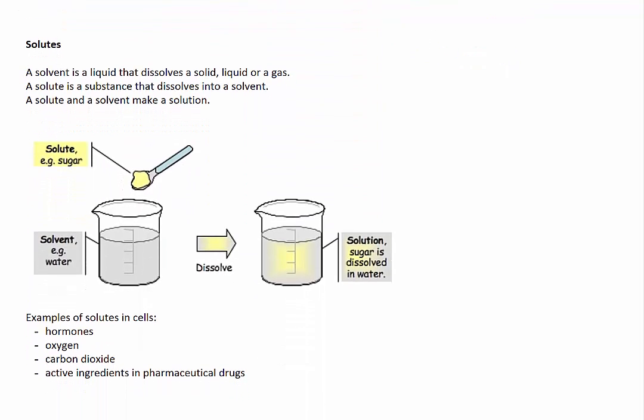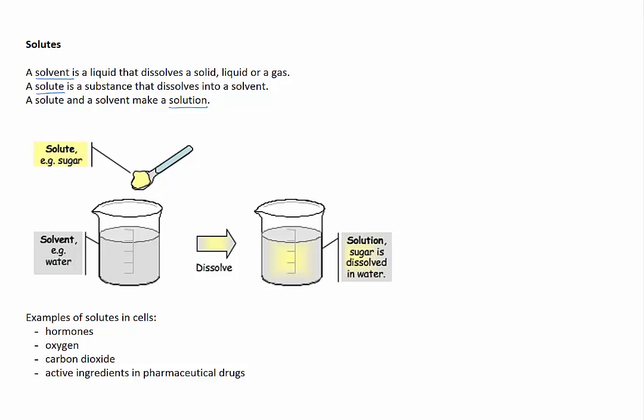When referring to the transport of substances through a cell membrane, you have to get used to the terms solute, solvent, and solution. A solvent is a liquid that dissolves a solid, liquid, or a gas. A solute is a substance that dissolves into a solvent, and a solute and a solvent make a solution together.